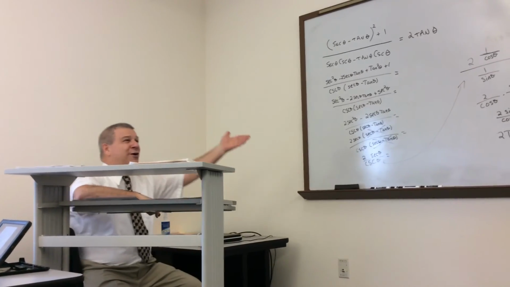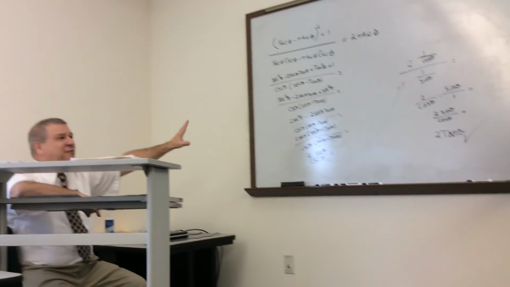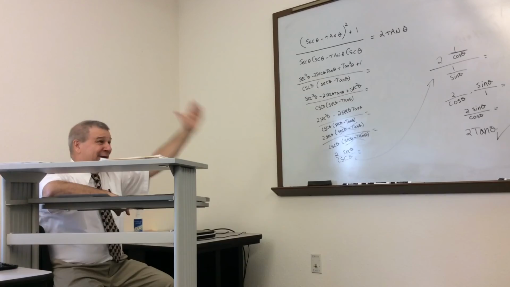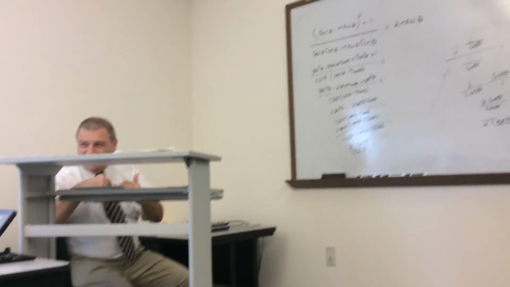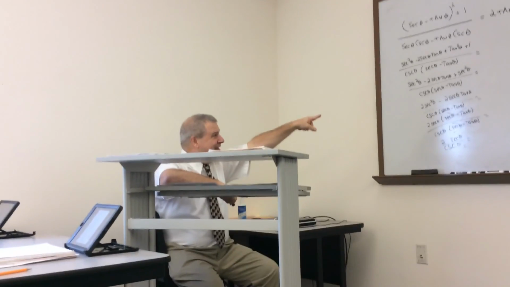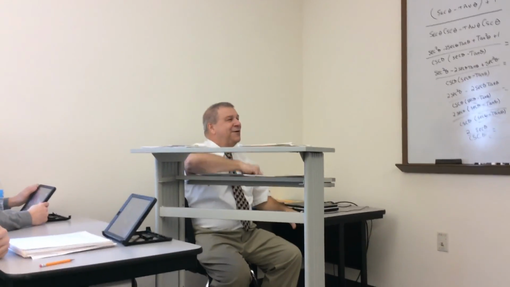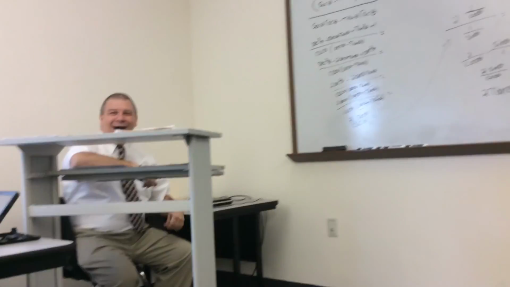You were flipping all of them to sines and cosines. You probably eventually would have got it, but it would have taken you more steps. You've got to be astute or clever enough to see that secant theta minus tan theta dropped out. Okay, have a seat. Nice job, Joe. Thank you.